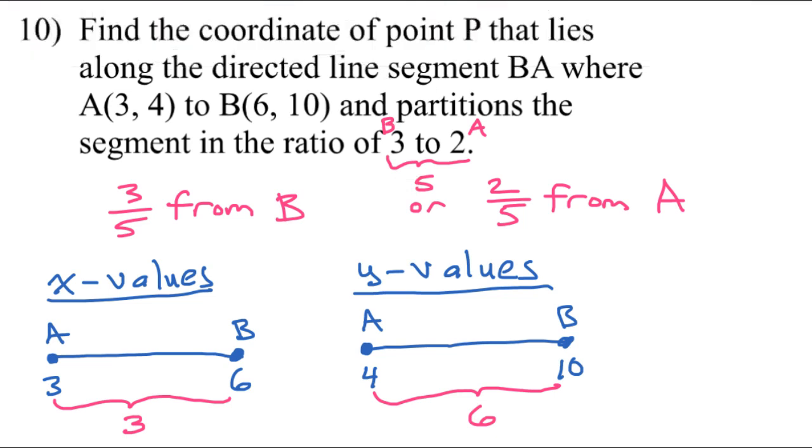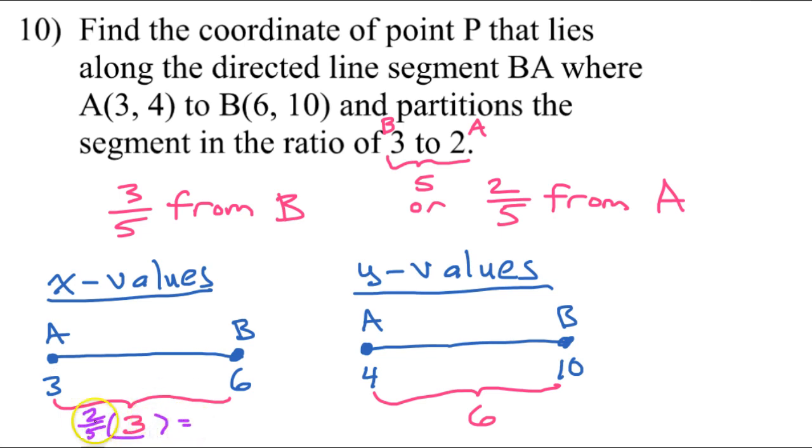So I always like to imagine moving from left to right when I do these problems. So I'm going to calculate the distance from A just because it happens to be on the left. So that's why I'm going to use 2/5, because I know I need to go 2/5 of the way from A. Okay, so that's why I'm going to multiply by 2/5.